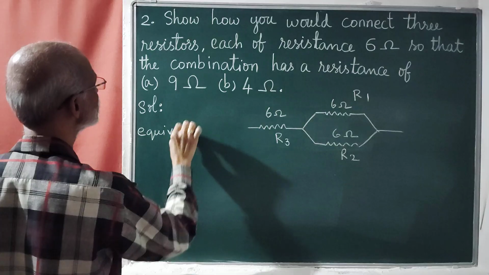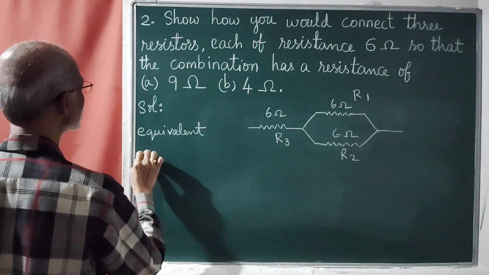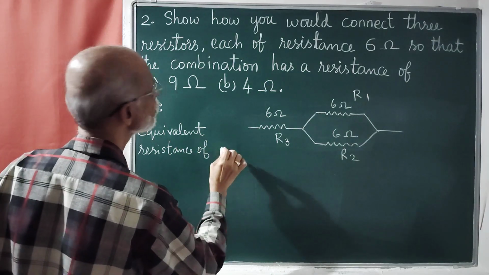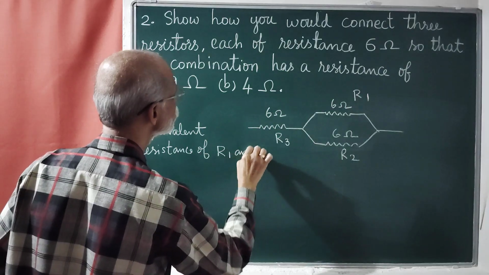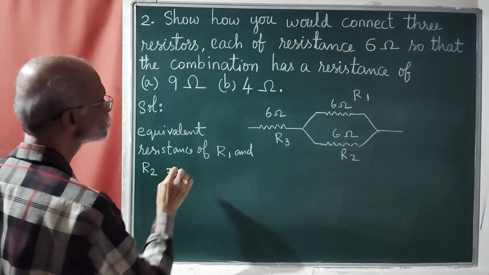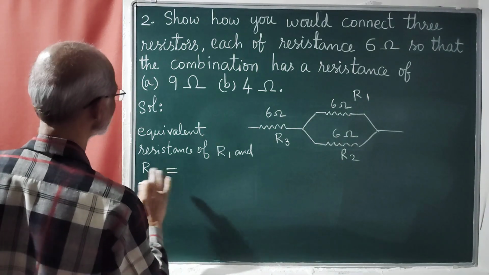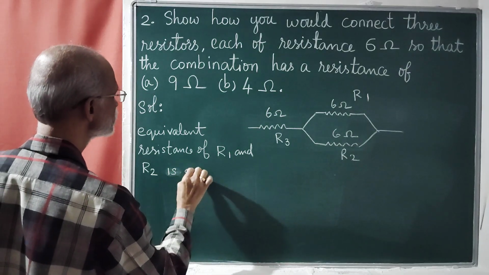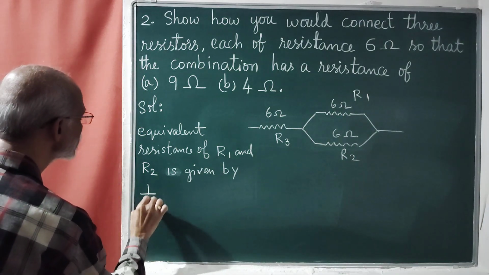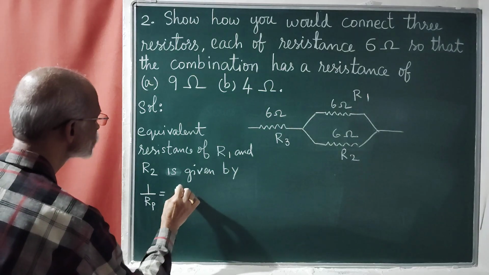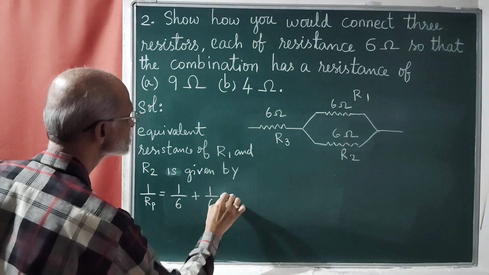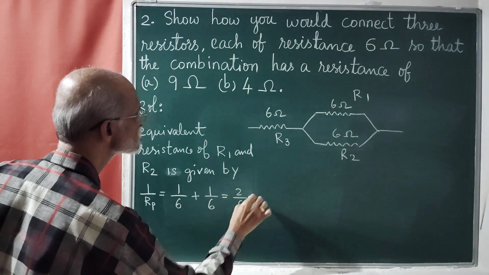Equivalent resistance of R1 and R2 is given by 1 by Rp, that's equal to 1 by 6 plus 1 by 6, that's equal to 2 by 6.